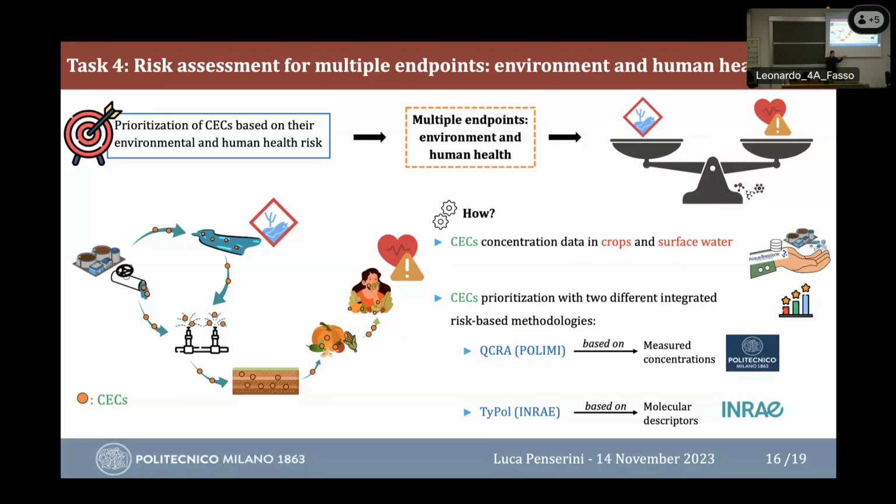The second one is a procedure called typool, which is based on molecular descriptors, which are characteristics intrinsic to the molecules. So we don't need as much data as the other procedure, but probably we will have an evaluation that is broader but less detailed. This is the comparison that we want to make in this case.